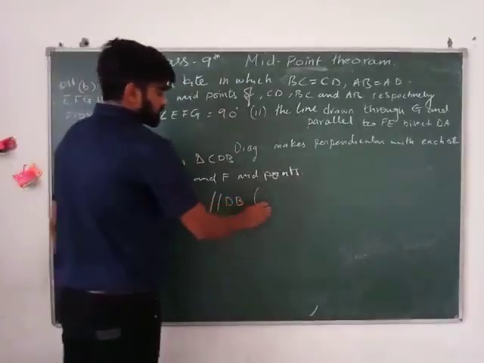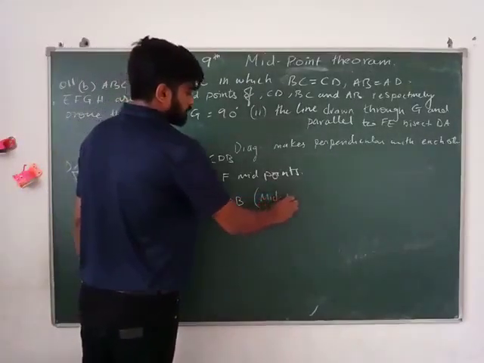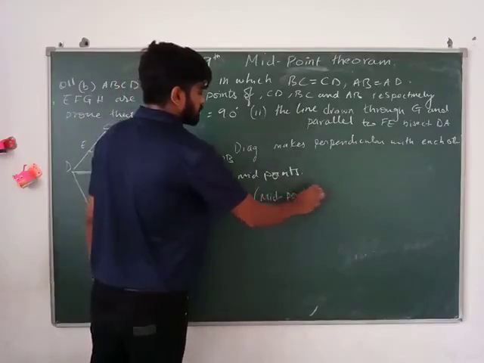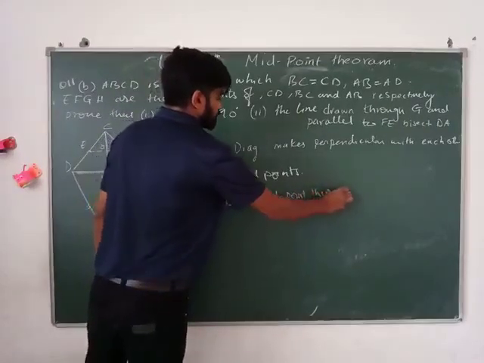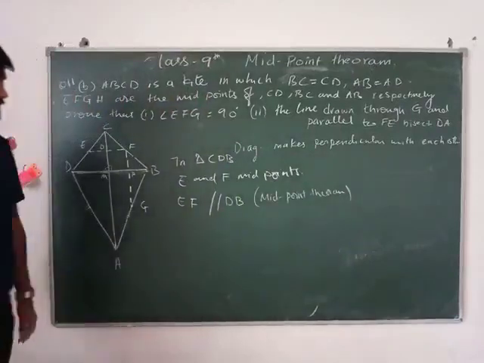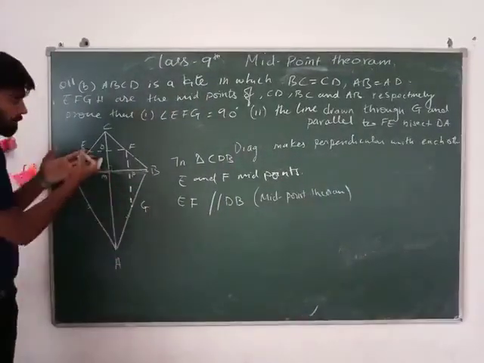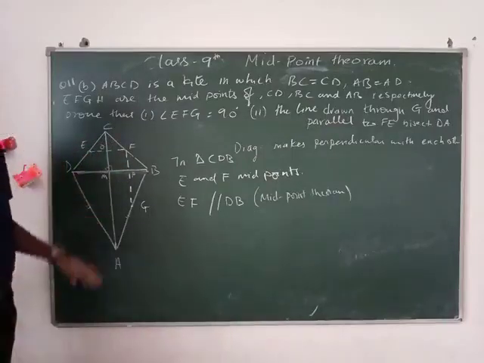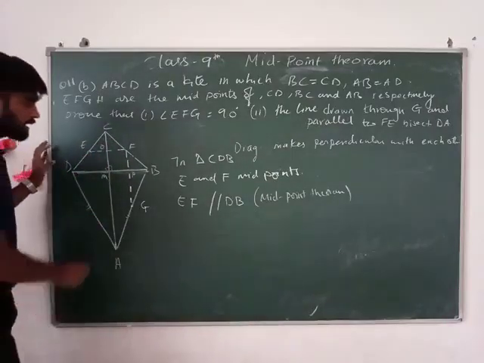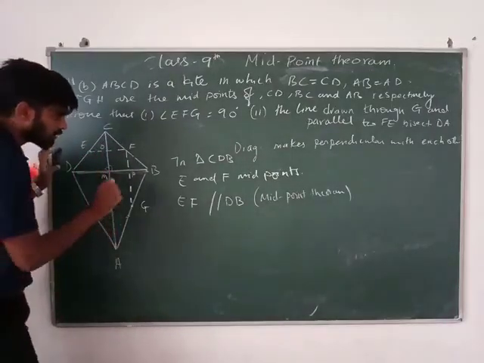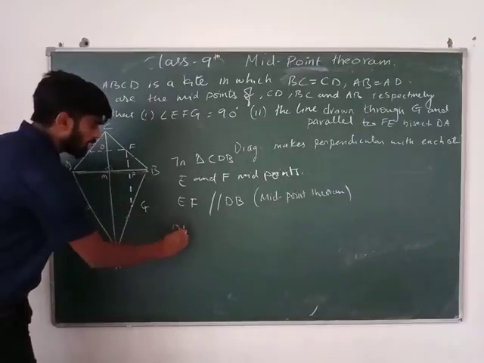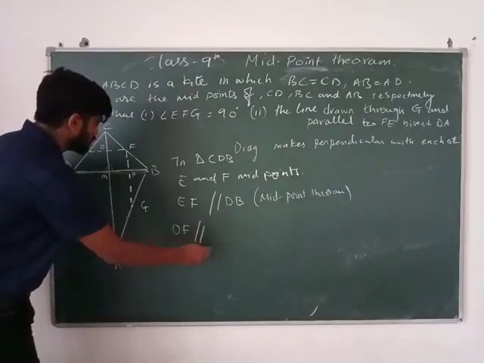How, on the midpoint? By the midpoint theorem, EF is parallel to DB. How did I write it? Because this is parallel to this. And if this is parallel to this, I can also write that OF is parallel to MP.